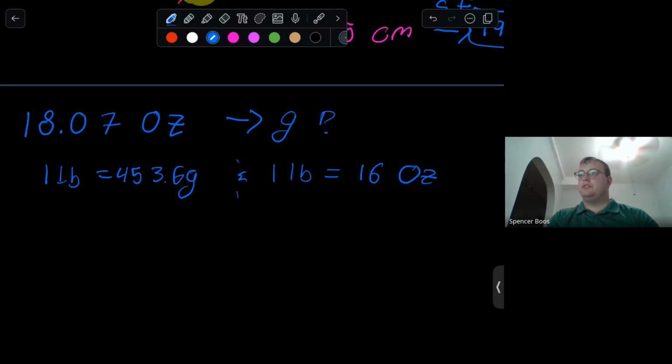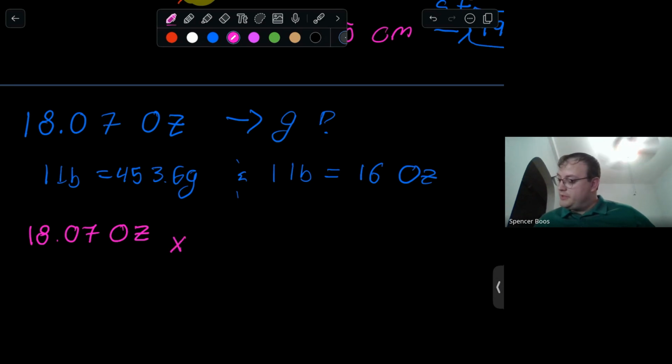All right, let's do this thing. So I'm starting off with 18.07 ounces. Now here, I can't go directly from ounces to grams. I got to make a pit stop in pounds, which is awful, but we have to do it. So I do a multiplication here.